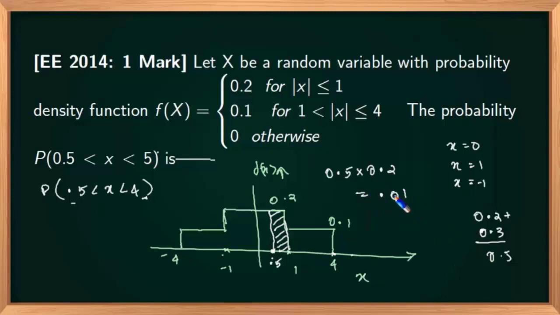Sorry, this is 0.1, right? This is 0.1. And now I am going to find the next area. This area will be 3 into 0.1, which is 0.3. So the required probability will be 0.1 plus 0.3, which is 0.4. So my answer is 0.4.